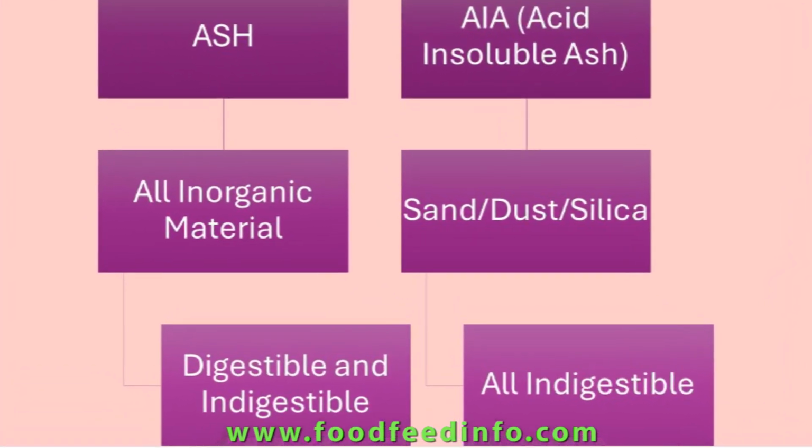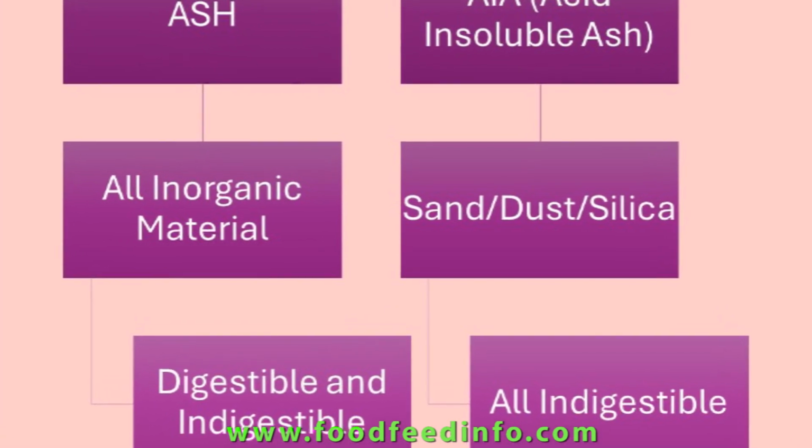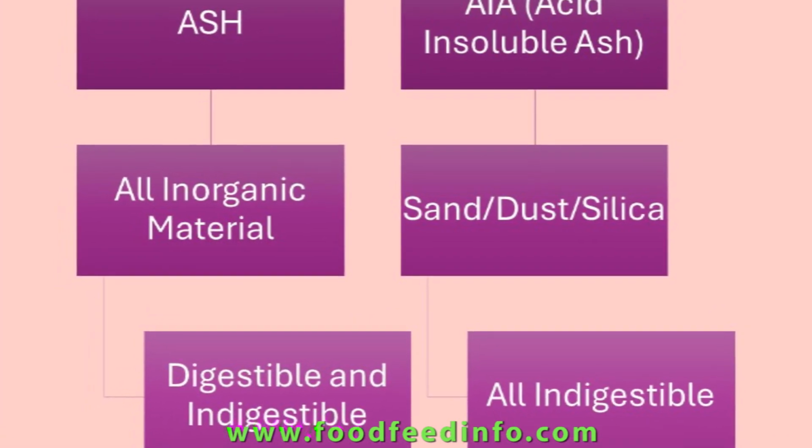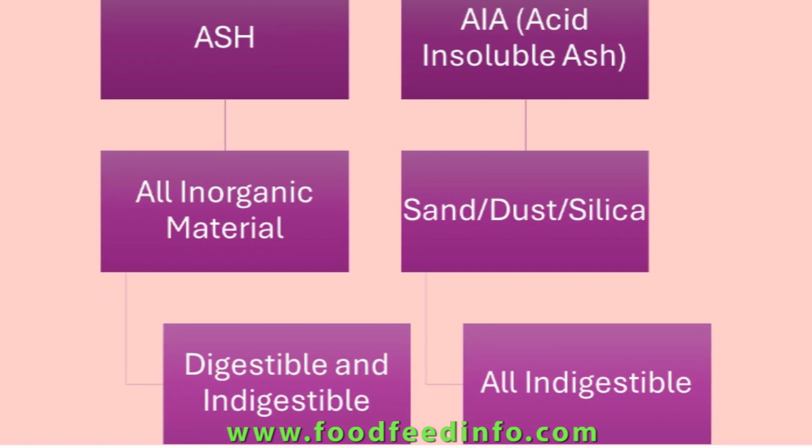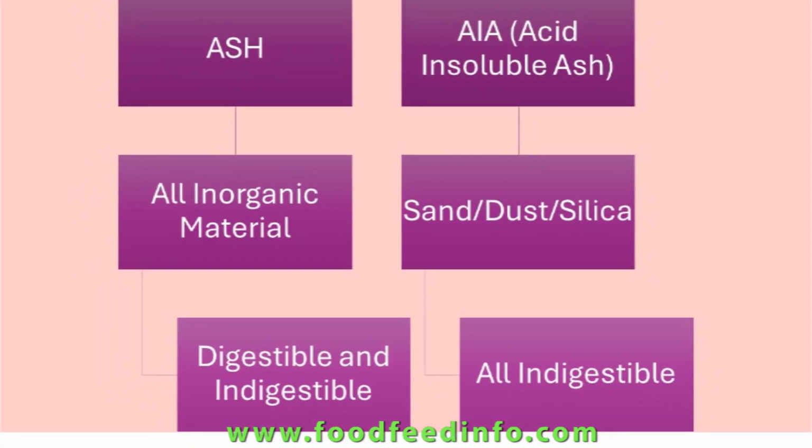If there is more silica and sand, then we get a high value of acid insoluble ash. So acid insoluble ash is an undesirable component, whereas those which get dissolved in the acid are mainly the mineral components, and we can determine that by different techniques.